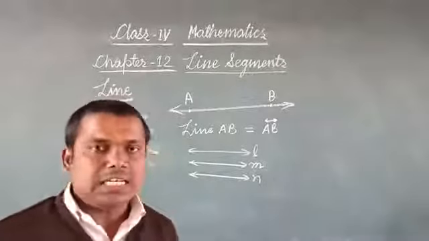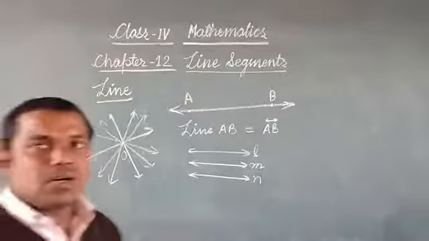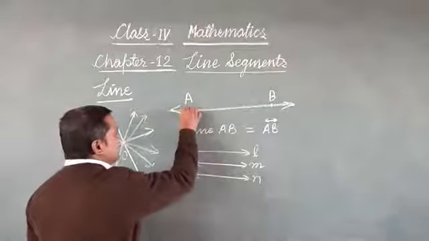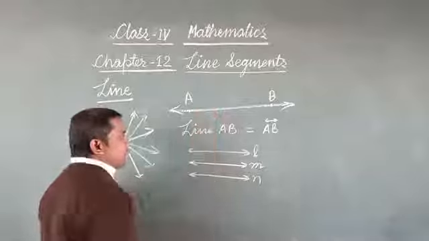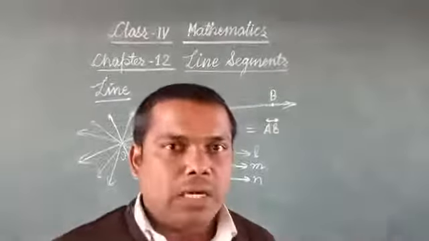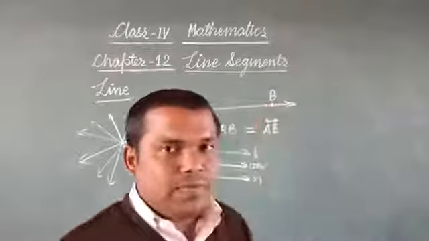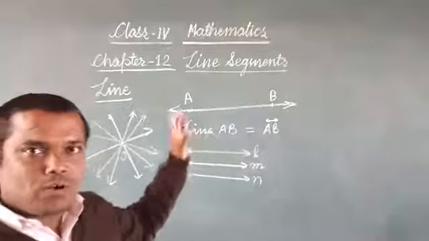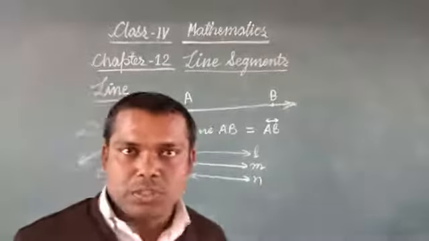Now another question is how many points are there on a line? You can see if I give one point here, another here, like this, by this way I can show an infinite number of points on the line. So I hope you understood all five properties of a line.